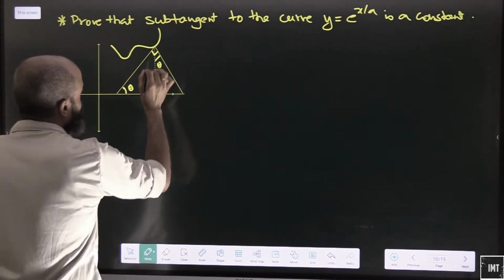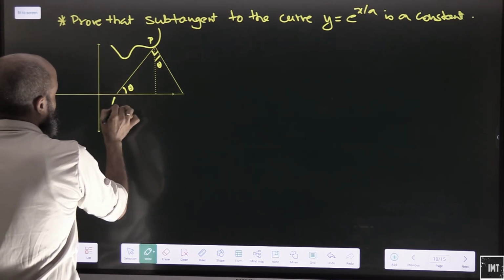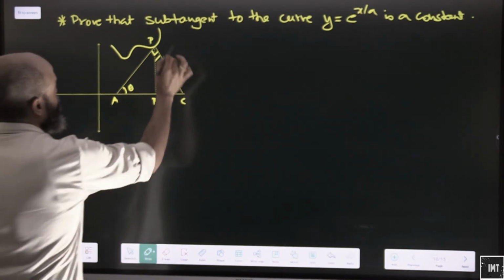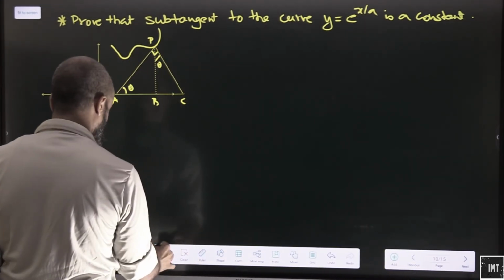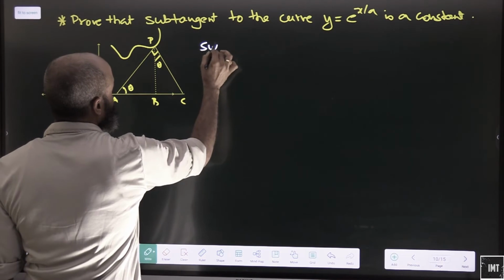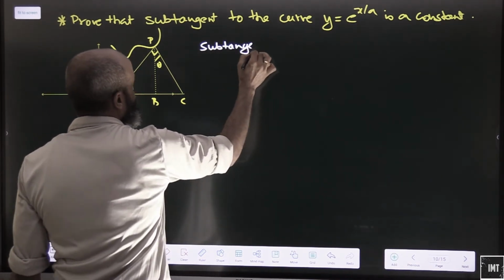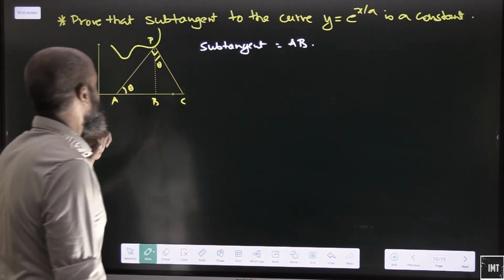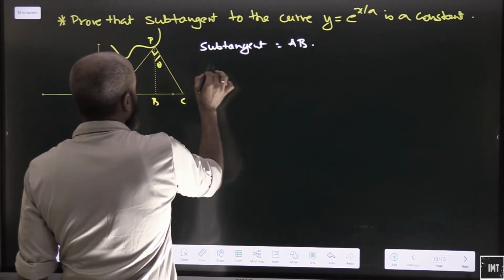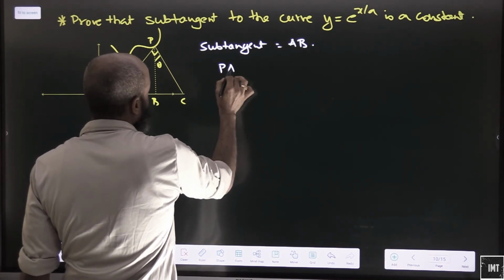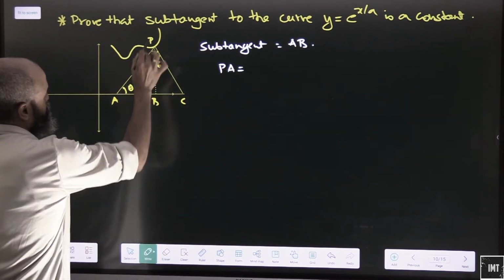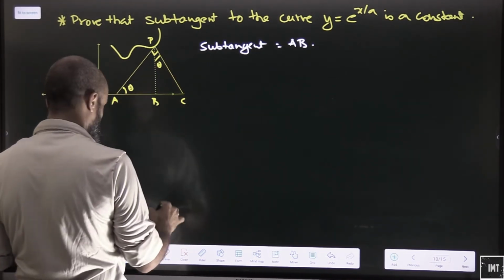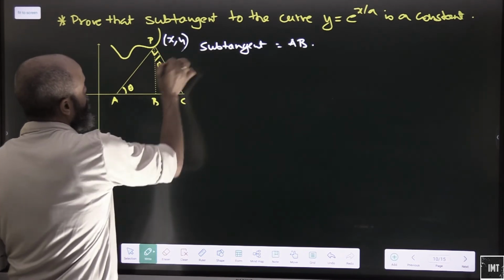So we have P, let's say A, then we have B, and then C. Now what will be the subtangent? Subtangent is AB, and AB is equal to what? We know that PB by PA. So let's say the coordinates of the point here are x and y.